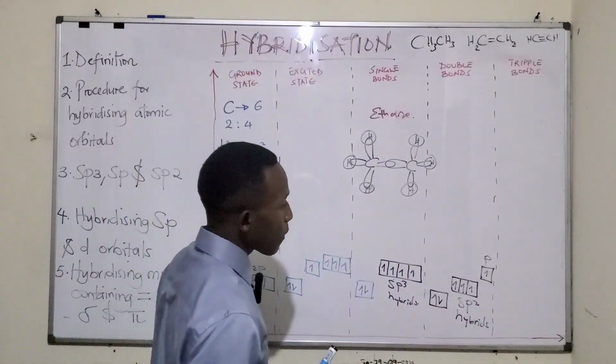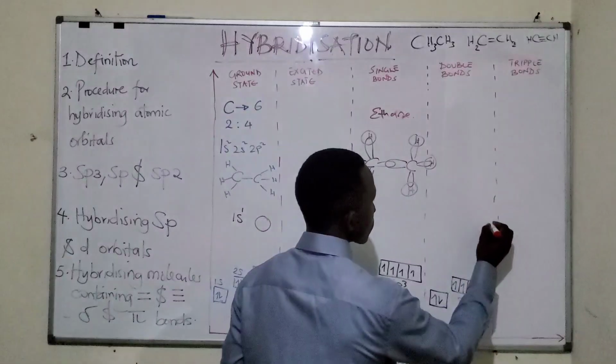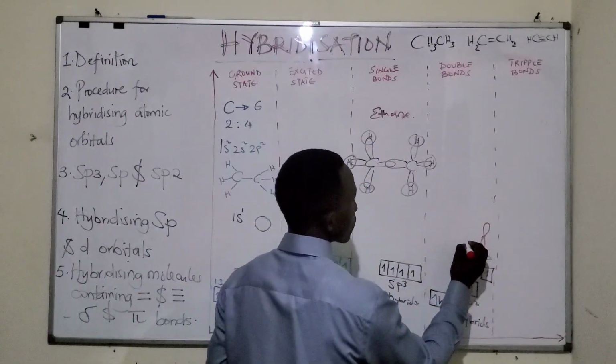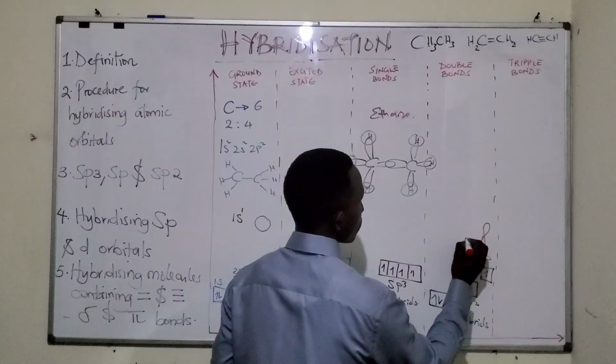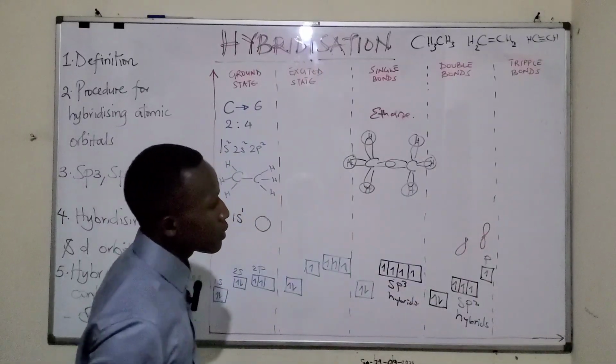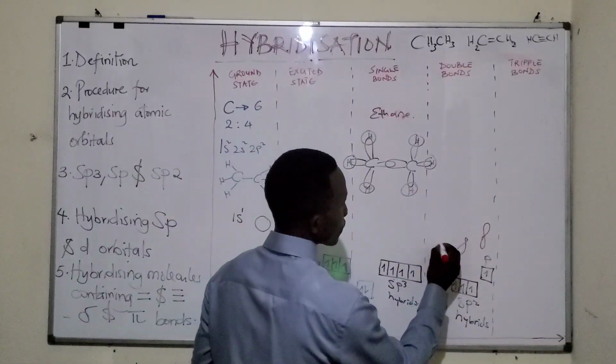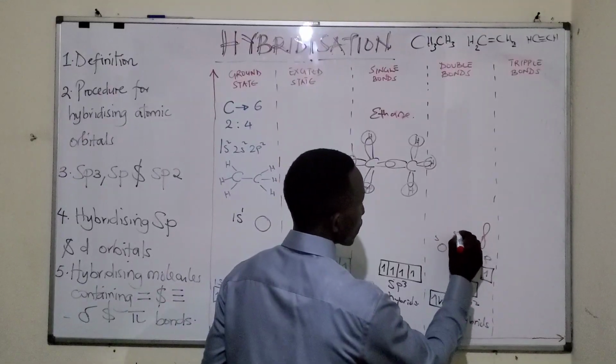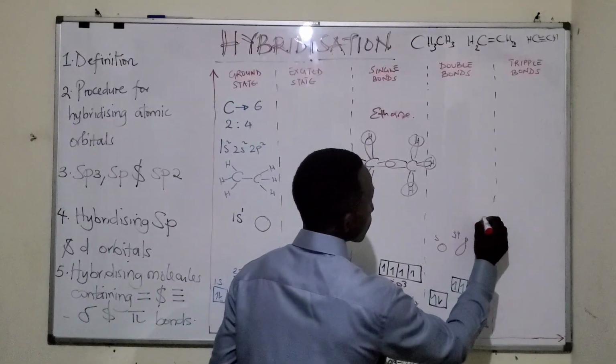Remember, the p shape is like this. For the hybrids, it's like this. For the s, it is like this. This is s, this is hybrid, this is the p.